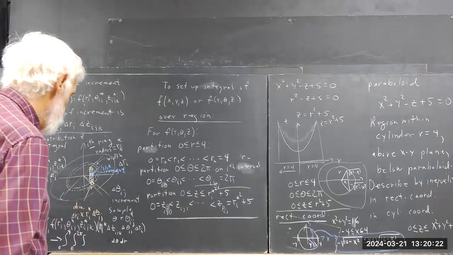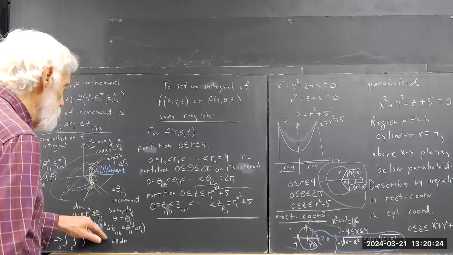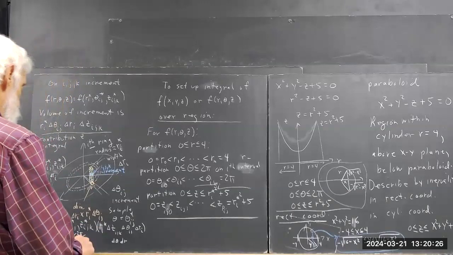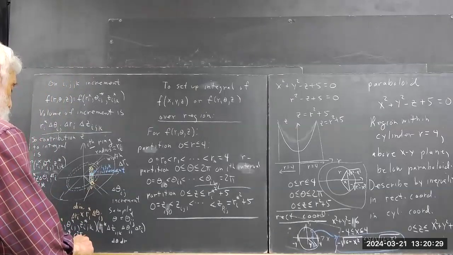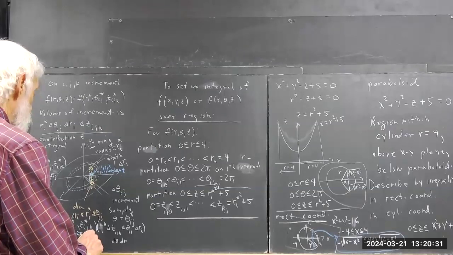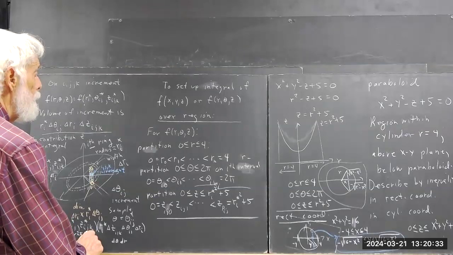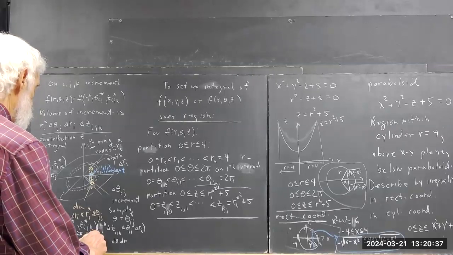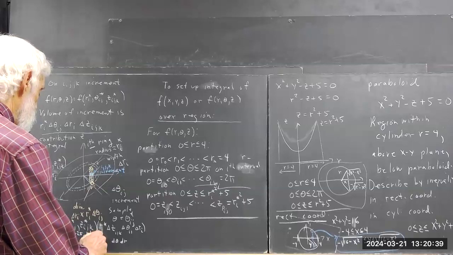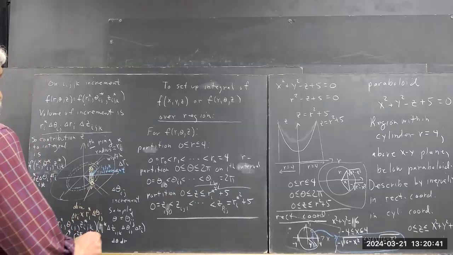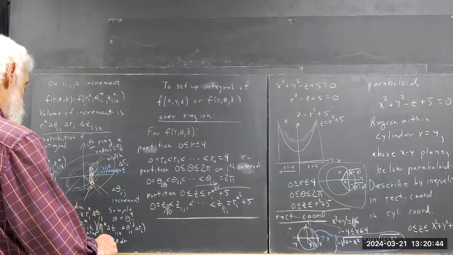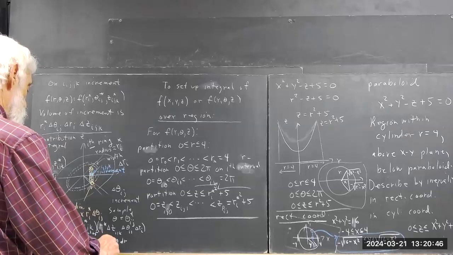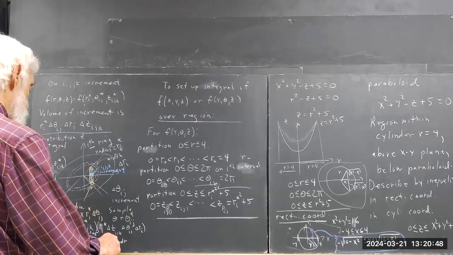And then z is going to go from 0 to r squared plus 5, and we'll have our dz here.